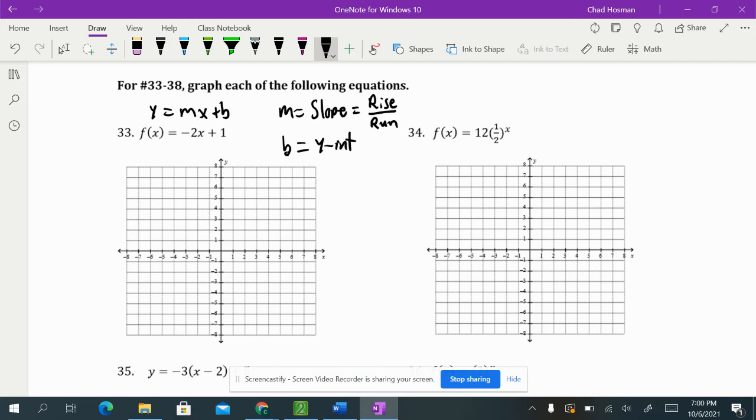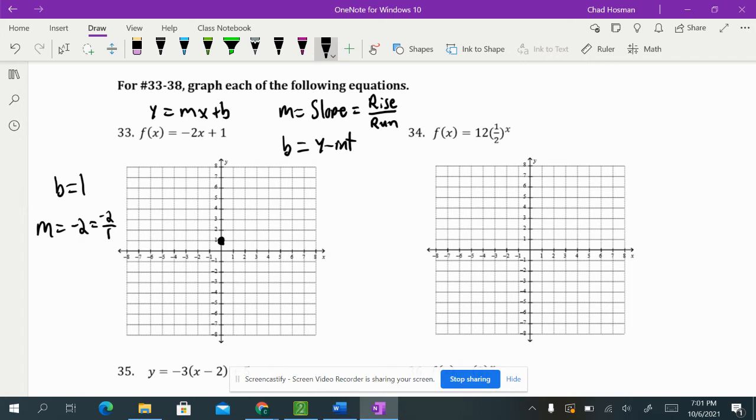It's where it crosses the y-axis. So in number 33, b is 1, that means we're going to have a point where y equals 1. Then the slope is negative 2, which if we want to write that as a fraction, we can say that's negative 2 over 1. So our rise is going to be negative 2, and our run is going to be positive 1.